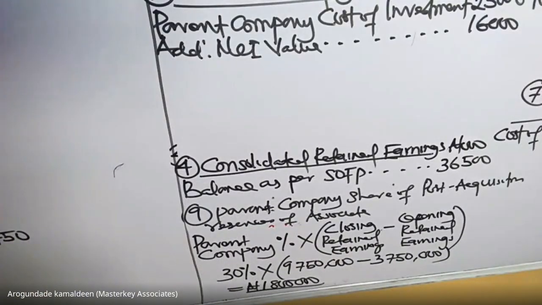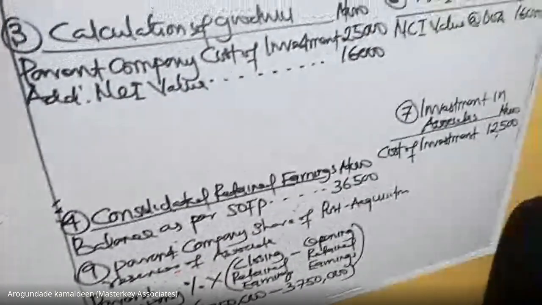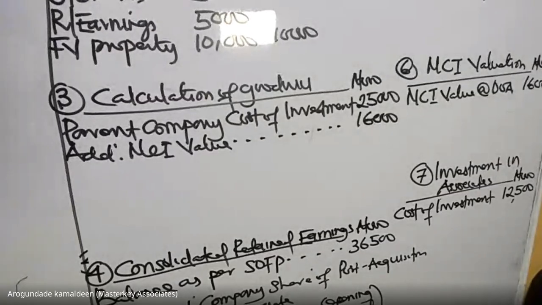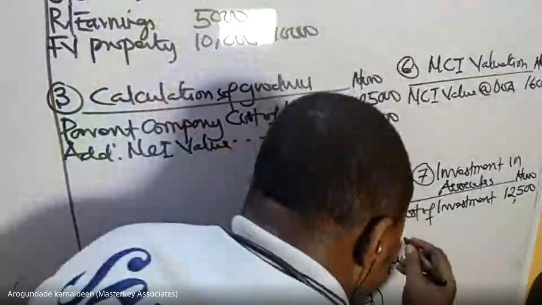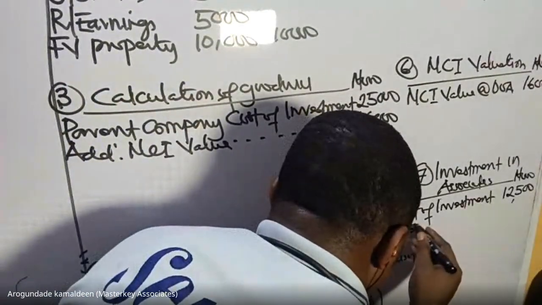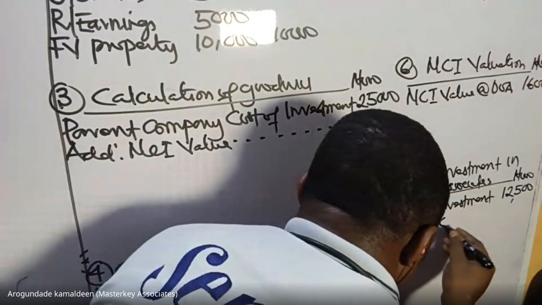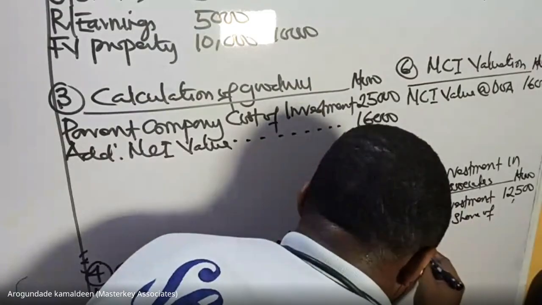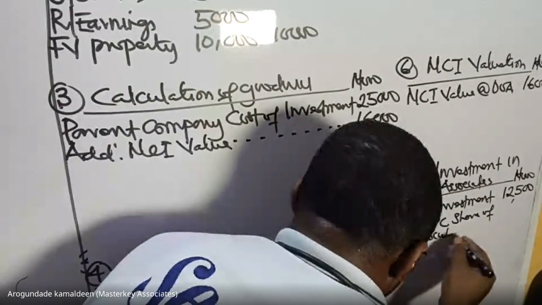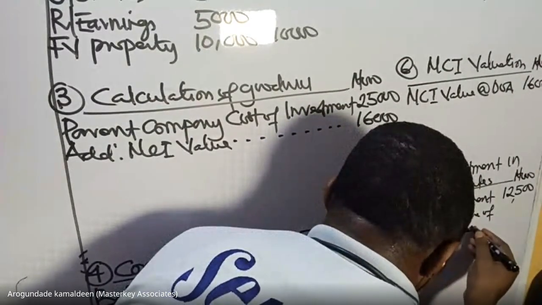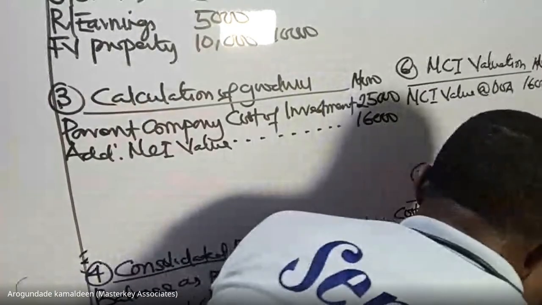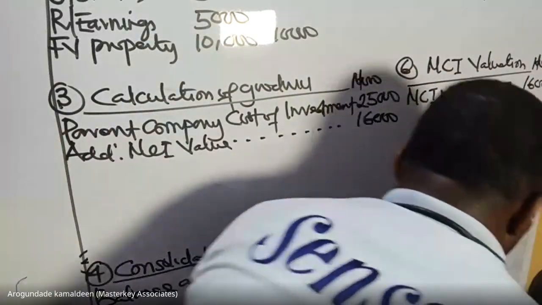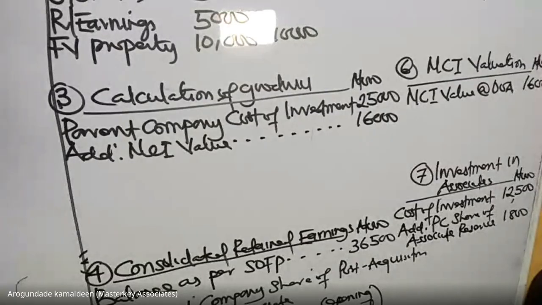This you will add to the consolidated retained earnings and investment in associates. Add parent company share of associate reserves, 1.8. The first leg, okay?